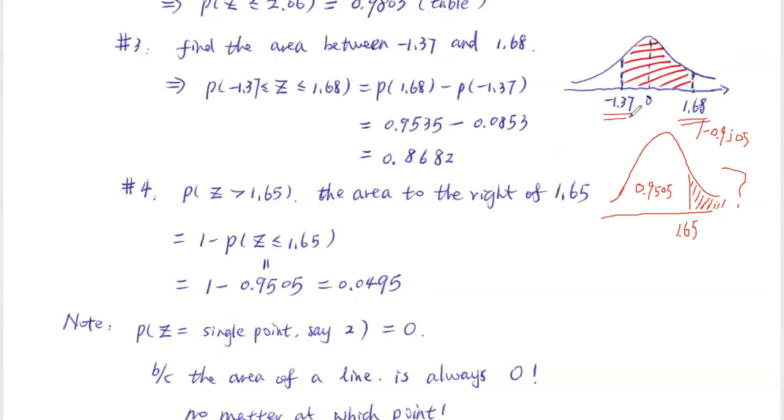The question is, can you help us find the probability in the middle? So we have to cover the 2 cases. Probability to the left, that's easy, we can just read that directly from the Z table. Probability to the right, 1 minus. Now, how about in the middle? Let's be careful. How do we get the probability in the middle?